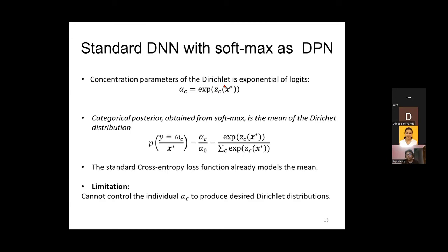Now, how are we going to design the loss function? The loss function is again very simple. If we consider the mean of the representation, it is given by this formula, which is the softmax formula. We take the exponential of the logit values and normalize it by the summation of the exponentials across all the logit values.